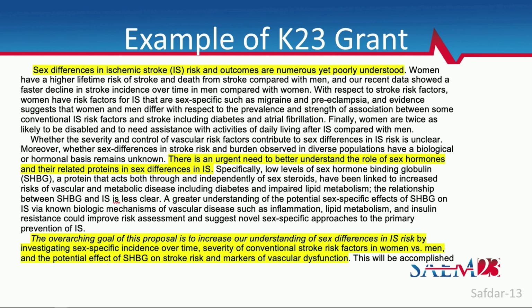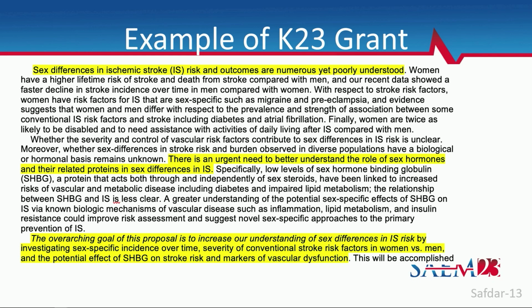So this was a grant on stroke. I worked very hard on this significance or background section describing why we needed to look at stroke risk by sex. This is just from the specific aims page, but I had many paragraphs explaining this in the significance section. Then I went into the scientific hypotheses, which Dr. Safdar started to talk about.